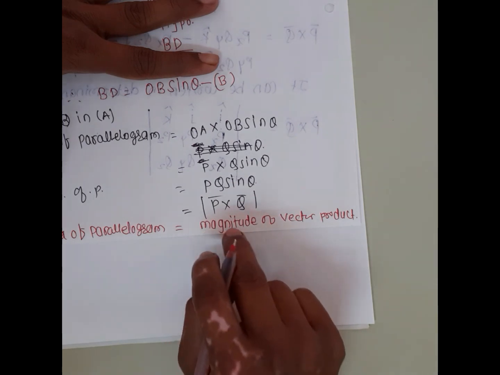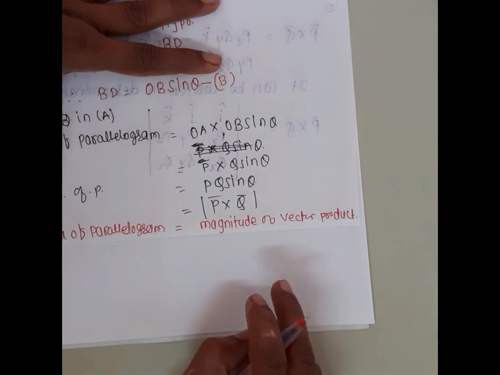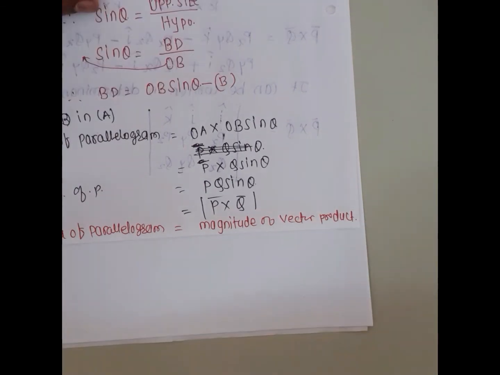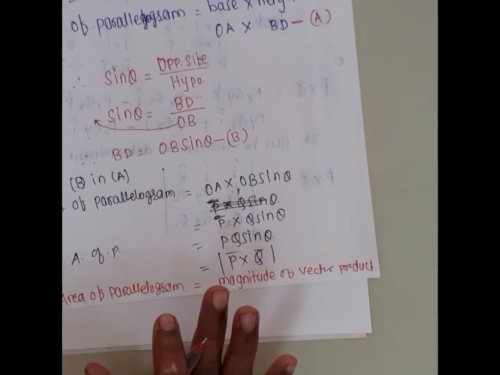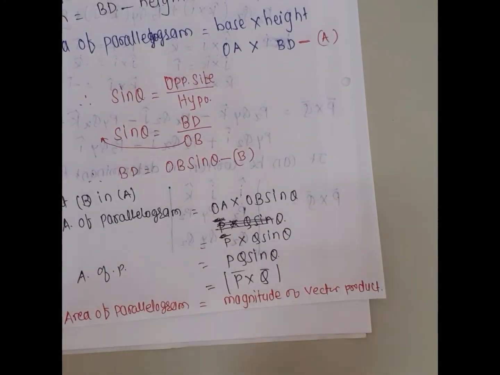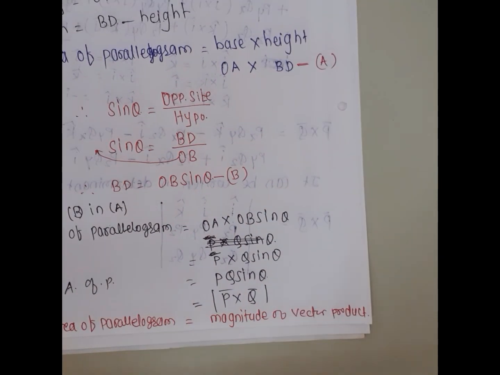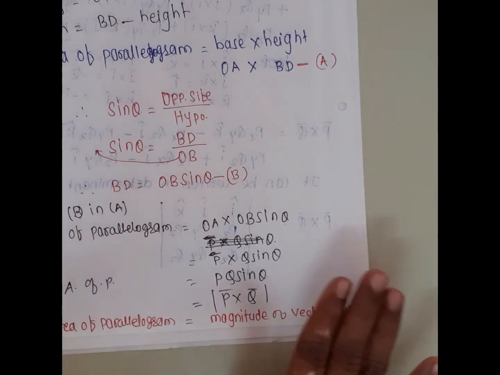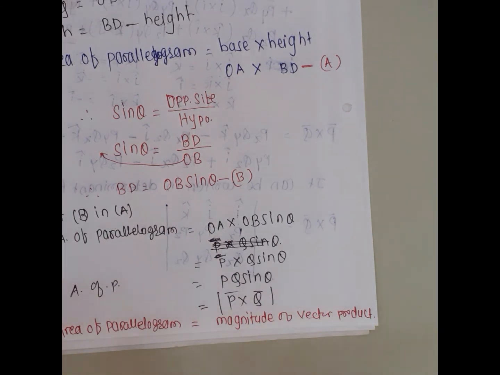That completes the properties regarding vector products. How many properties are there? Six properties. Using these properties, here we solve one problem.